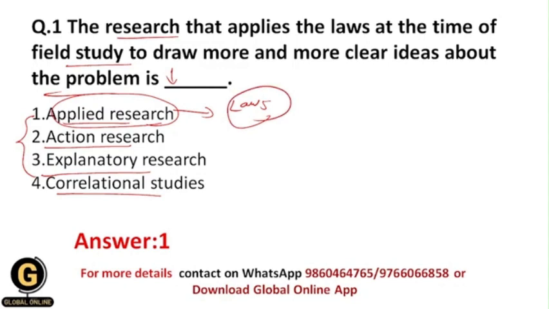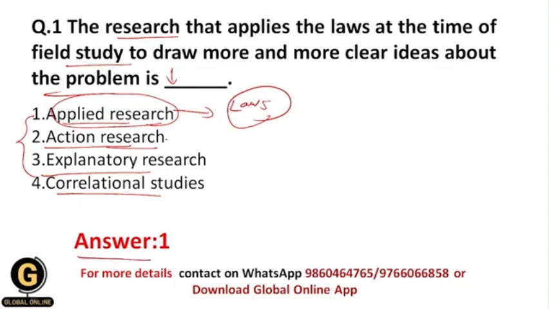By applying the laws or principles it becomes easier for us to solve the problems and to get the conclusions of our results very easily and efficiently. That's why the correct answer here is 1.